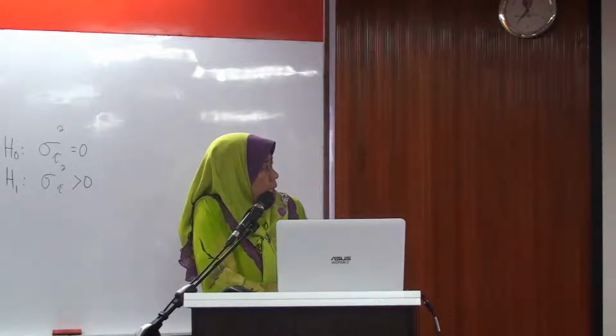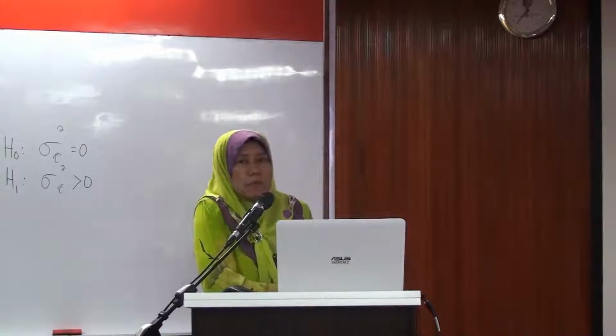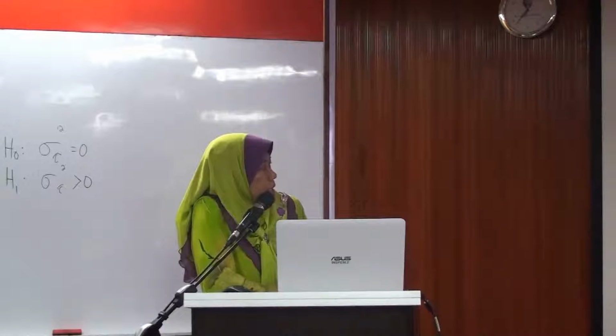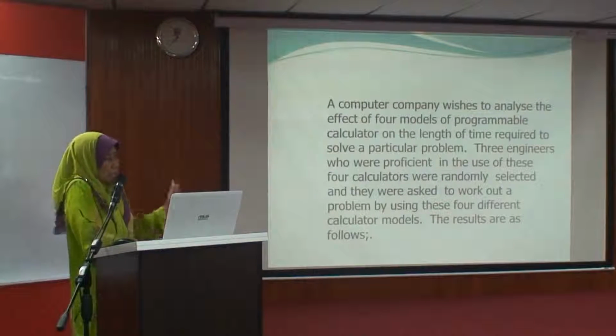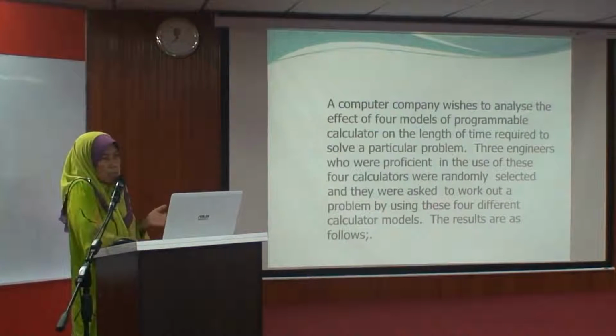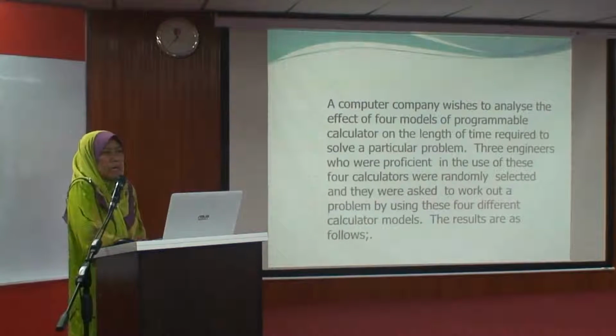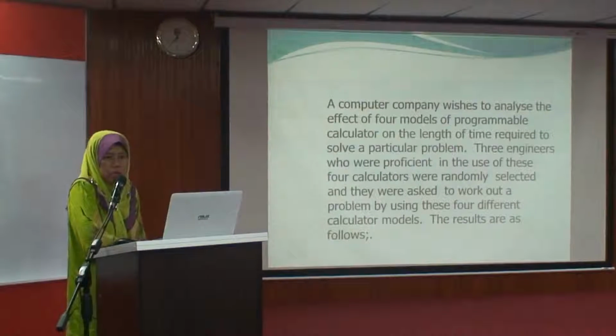Now let's see how to make this problem a completely randomized design. If this problem is a completely randomized design, meaning there is no extraneous factor, the engineers have the same characteristics. I do not mention that the engineers have the same experience or anything. But if this is the situation, how am I going to assign the treatment to the experimental units?